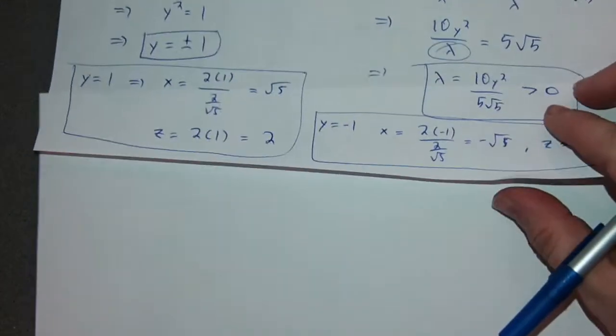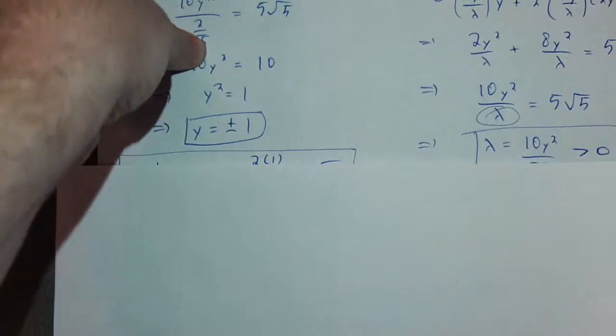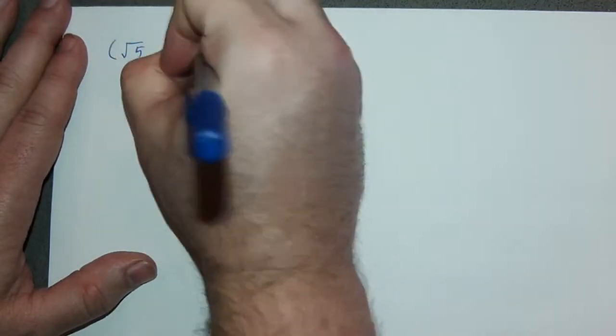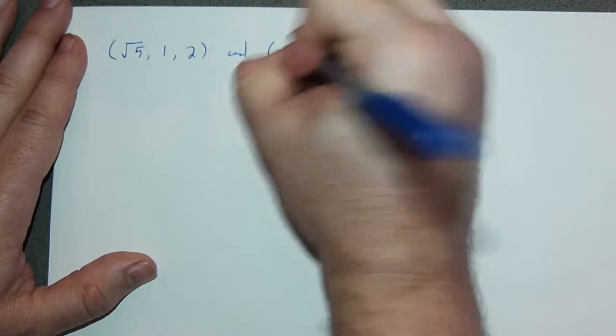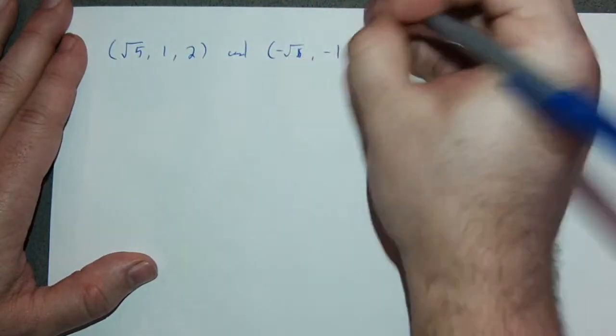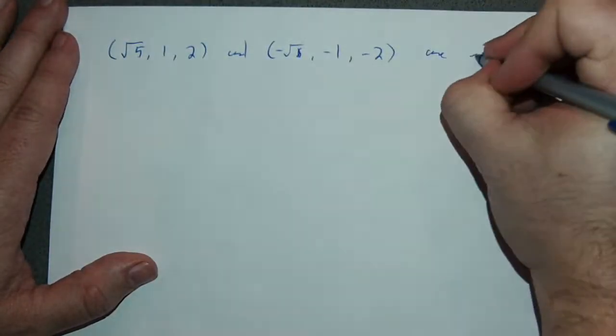So my 2 candidate points are root 5, 1, 2, and minus root 5, minus 1, minus 2.